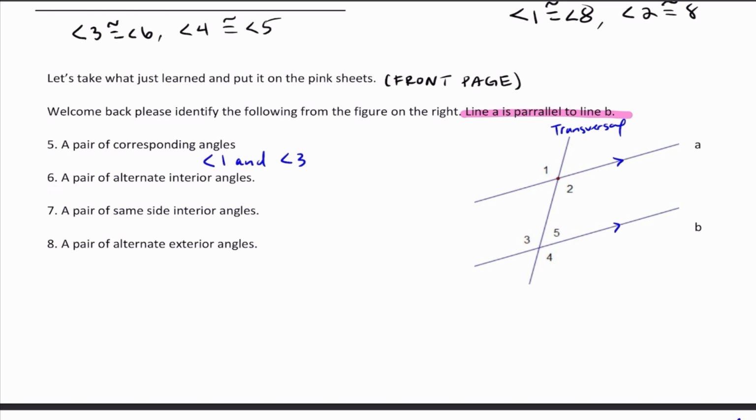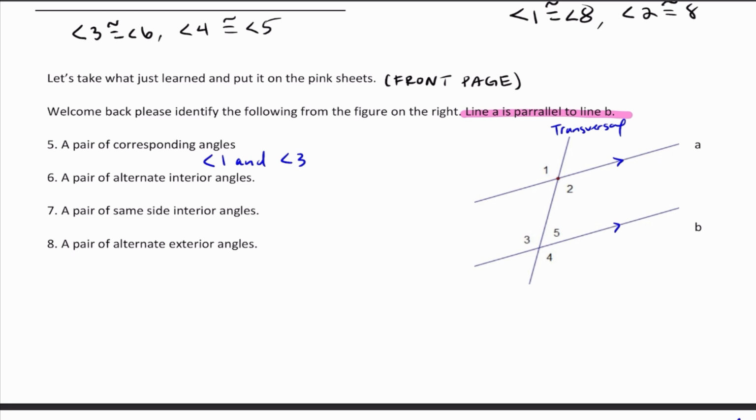Number 6, a pair of alternate interior angles. Now, let's go ahead and figure out what the exterior angles are and what the interior angles are. So anything outside of the parallel lines are exterior angles. So these angles are exterior angles. And the angles inside of the parallel lines are interior angles. They are inside of the parallel lines.